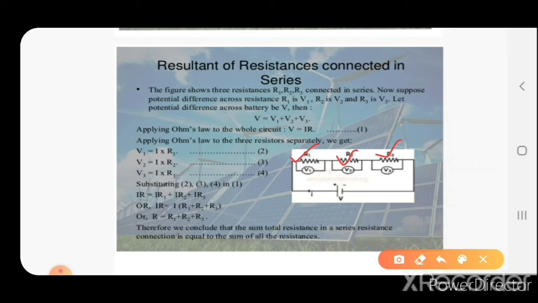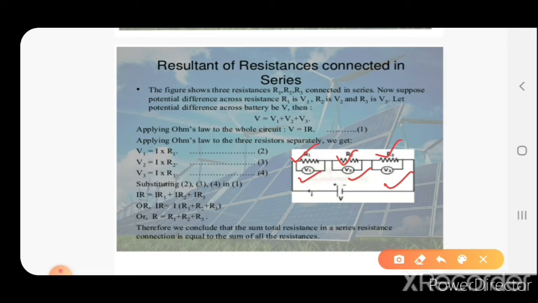Suppose the potential difference across R1 is V1, across R2 is V2 and across R3 is V3.